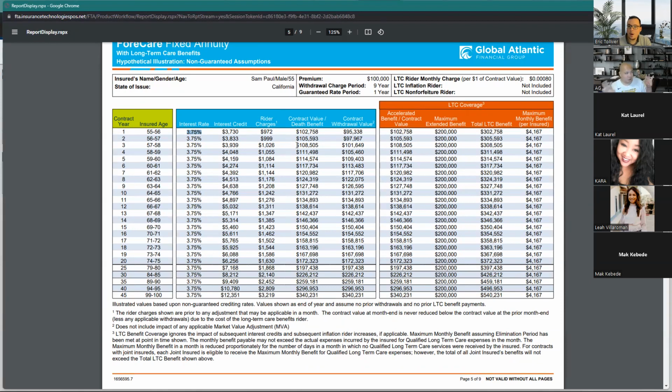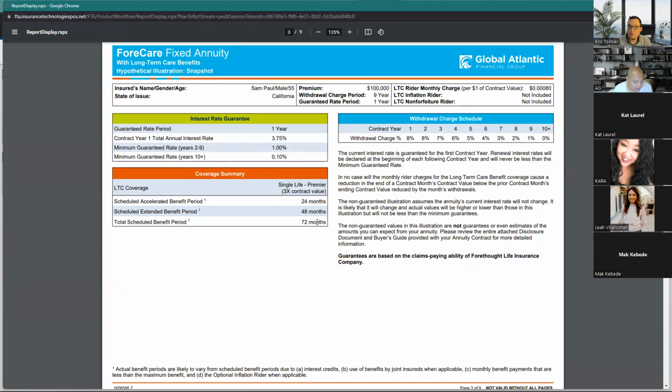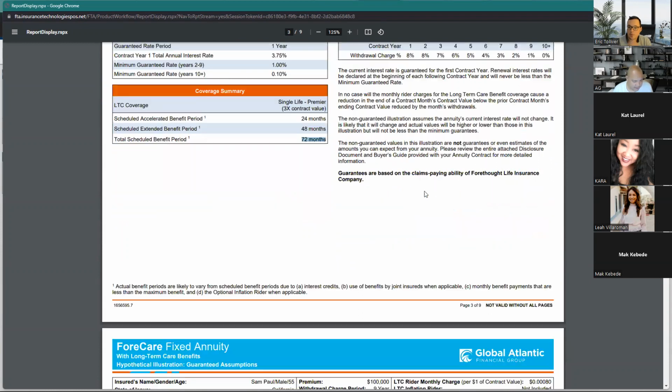So again, it's a 2.75% contract, but his 100,000, as long as he gets approved on this questionnaire, he checks no on the boxes, he will have what we call an extended benefit of 200,000, which means if he uses this for long-term care, it will pay him 4,167 every month for 72 months or 6 years.